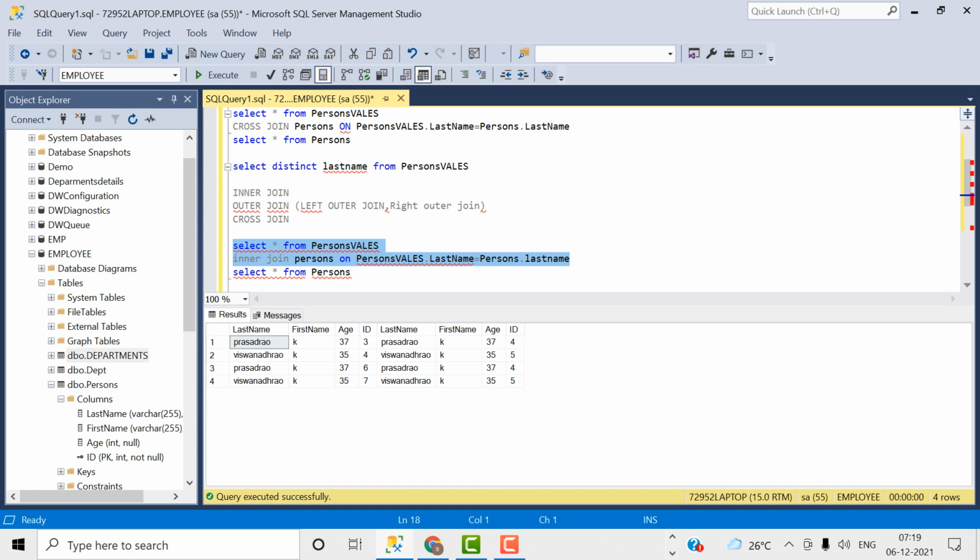We have only four records, because Prasad Rao and Vishwanath Rao values exist in both the tables.